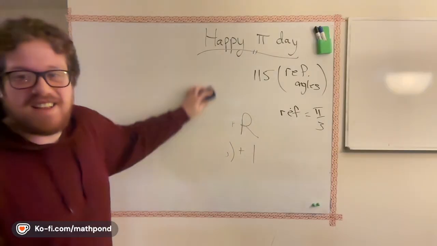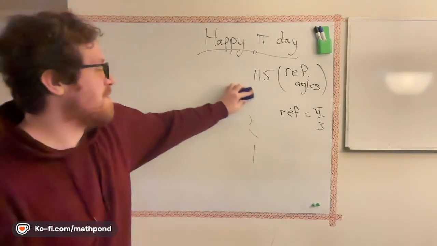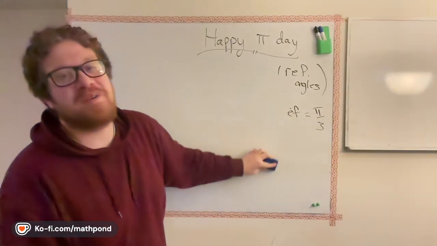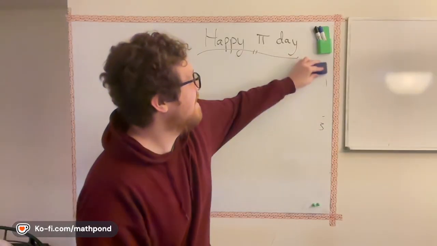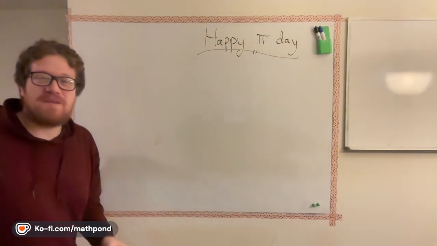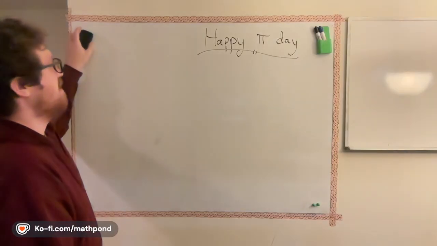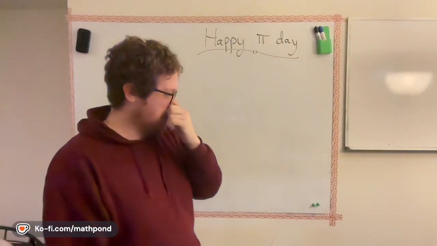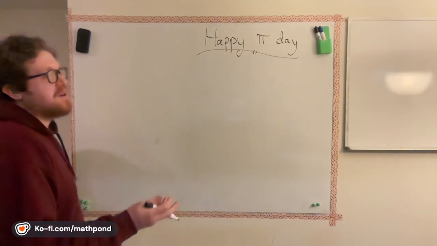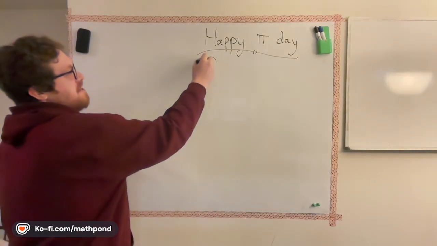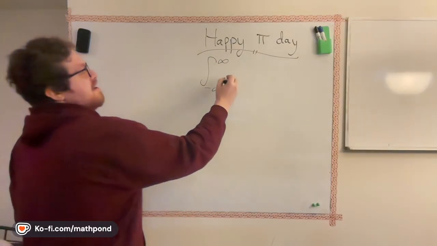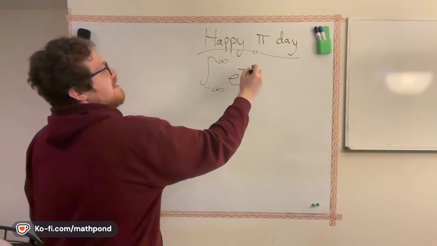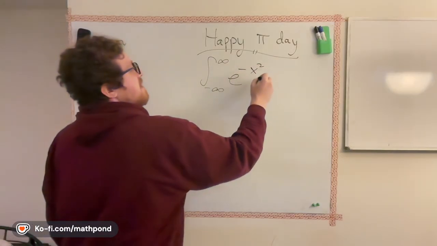All right, Jake, no more sine of some multiple of some fraction of pi. We could do other pi-related problems. We don't have to prove this, but there's always the fancy infinite integral, right? I believe, what is it? The integral of e to the negative x squared dx.